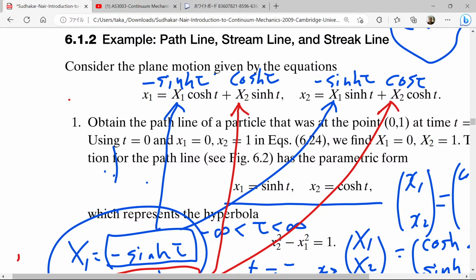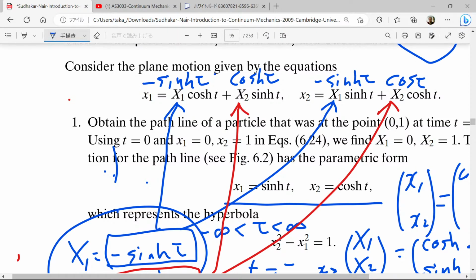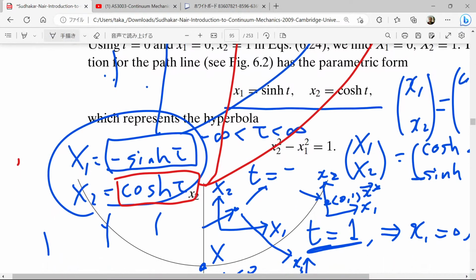Yeah, and there is a formula, right? Which I don't quite remember. Okay, let me just believe this textbook.